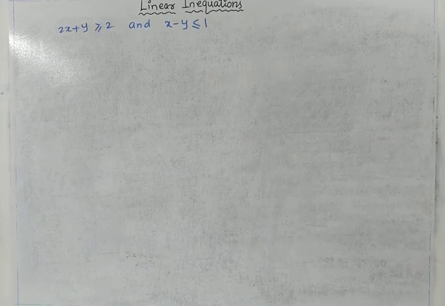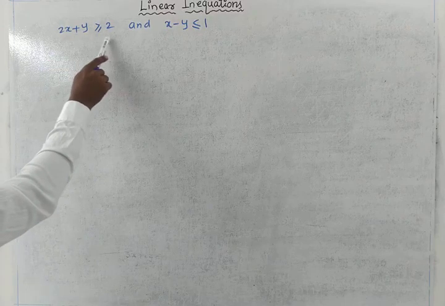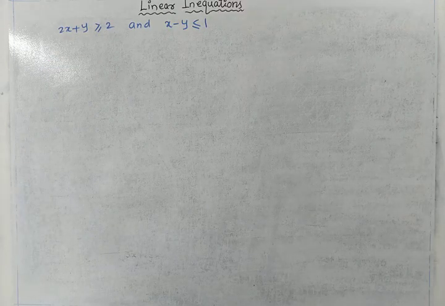We have to find the solution using the graph of these two linear inequations. The first is 2x plus y greater than or equal to 2, and x minus y less than or equal to 1. These are given together, so we draw the graph of both at one place, not separately.